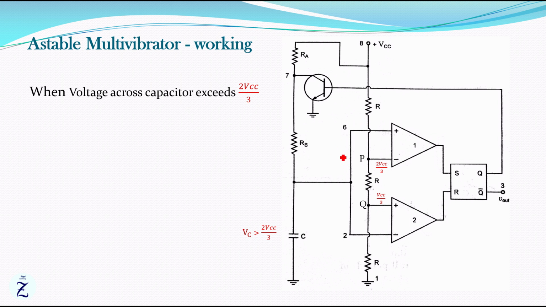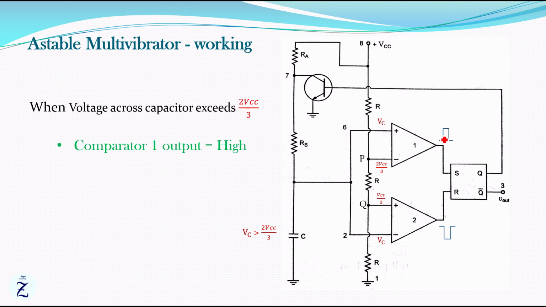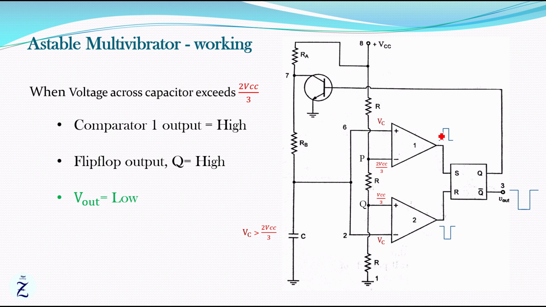When the threshold voltage exceeds 2 by 3 VCC, the first comparator will produce a high output and it sets the flip-flop so that its output Q becomes high and the timer output is low or 0.